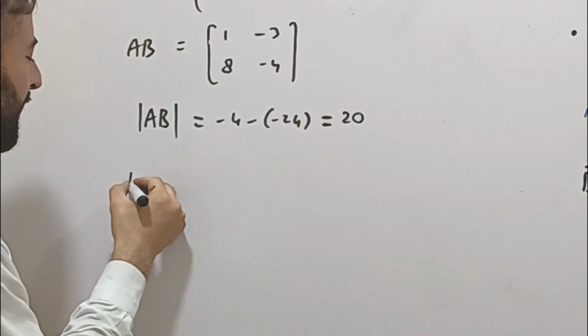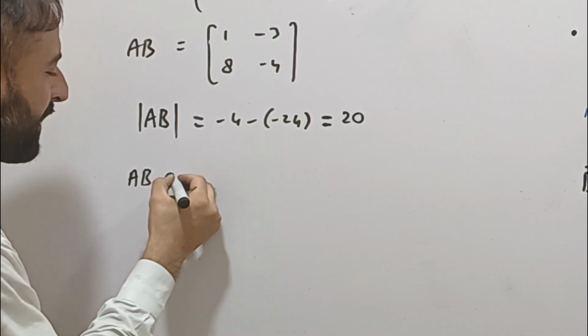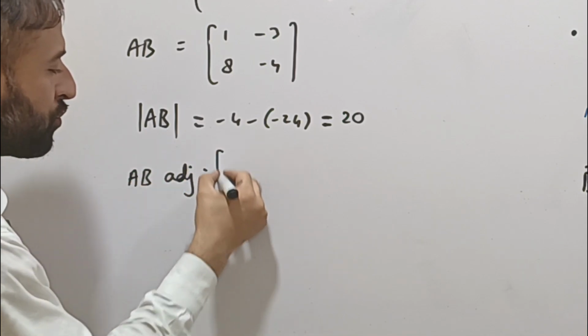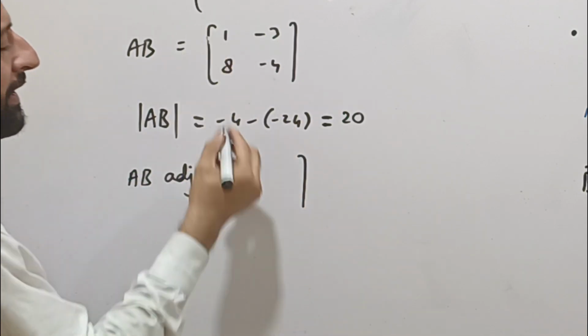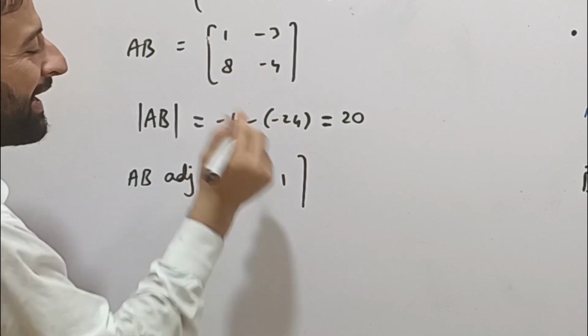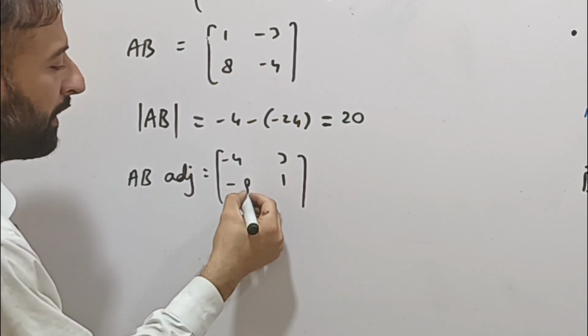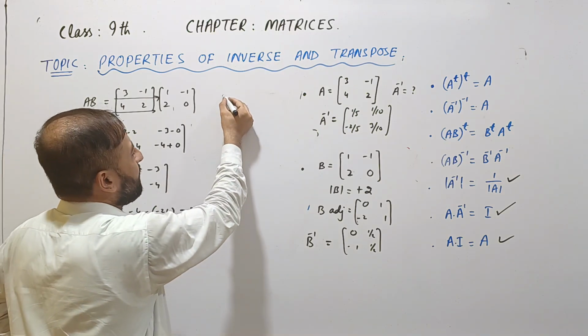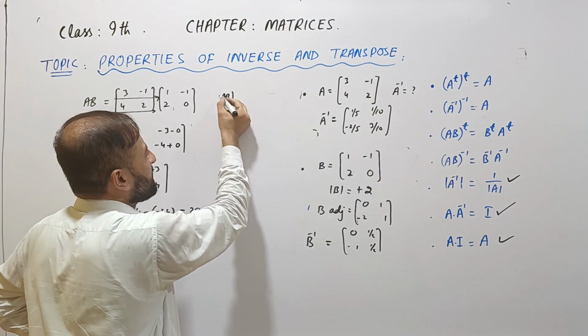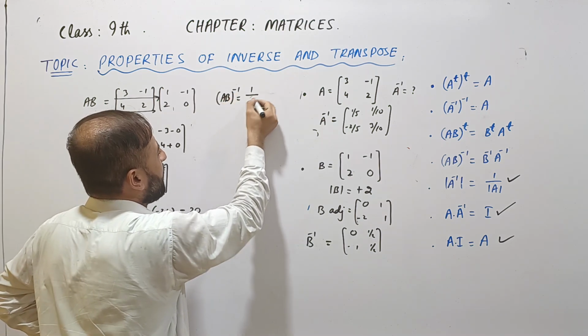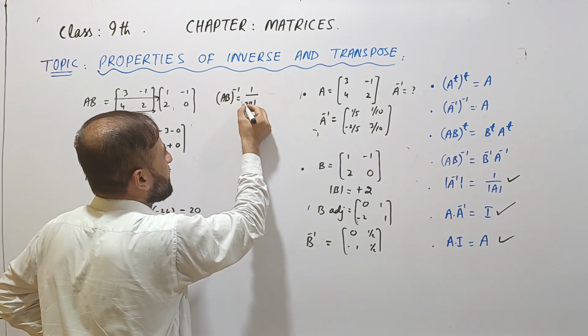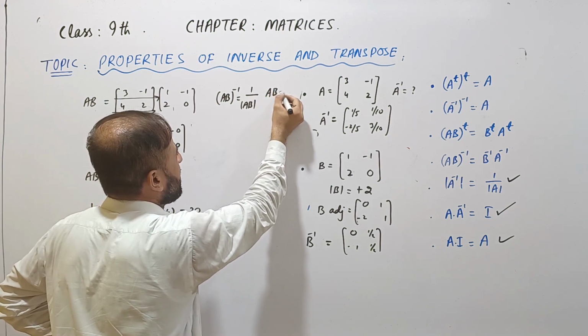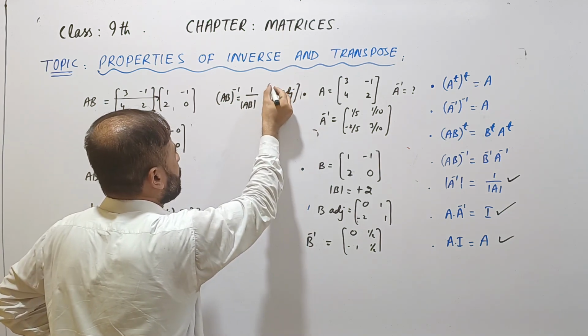I think it's simple. Then you determine AB adjoint. Students, places change and signs change. Finally, you will have to determine AB inverse. Inverse of matrix AB is 1 upon AB determinant into AB adjoint. Students, put the values.